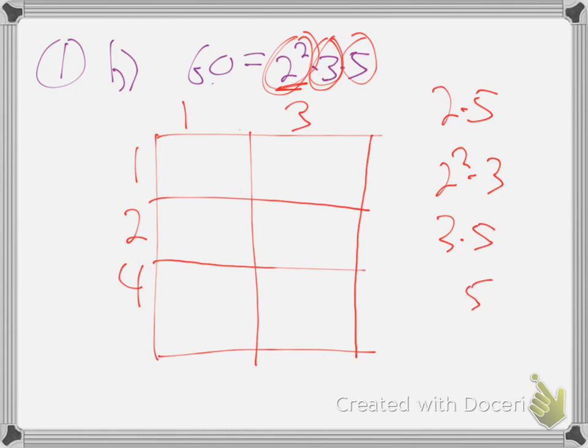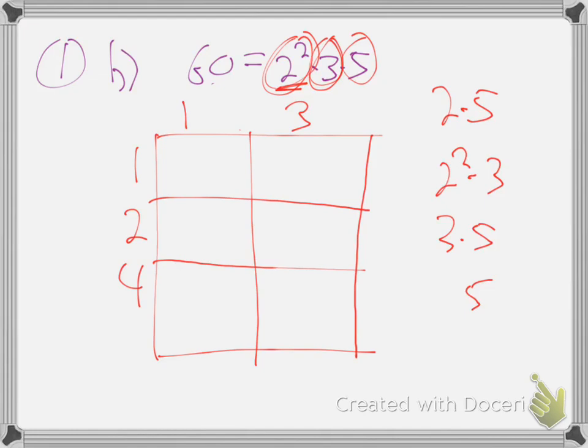Every possible way that some of those primes get together makes a number that goes into 60, because it'll be made out of stuff that's already in 60. So you getting the big idea? That's the idea of this table and why this table works. Because we're saying, look, there are the building blocks of 60, 2 2s, a 3, and a 5. So any way that some of them get together, like the 3 and the 5 get together, 15, that's got to go into 60, which you know it does.